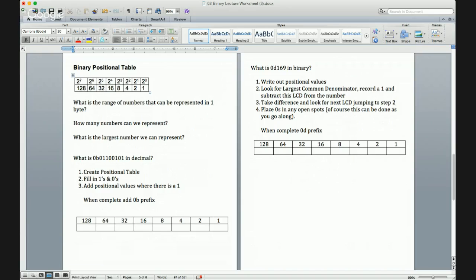So I have 8 positions here. The binary positional table for 8 bits is 2 to the 0, to the 1st, to the 2nd, to the 3rd, to the 4th, all the way up to the 7th. And these positional values represent 1, 2, 4, 8, 16, 32, 64, 128.